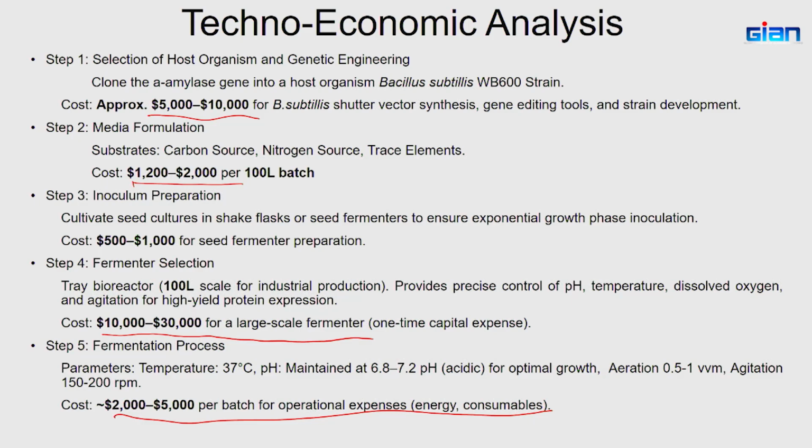Is alpha amylase the only product that you're going to have out of that fermentation system, day after day, week after week? Or are you planning to produce something else also? Because if I have to spend $30,000, I would like it to be versatile enough.